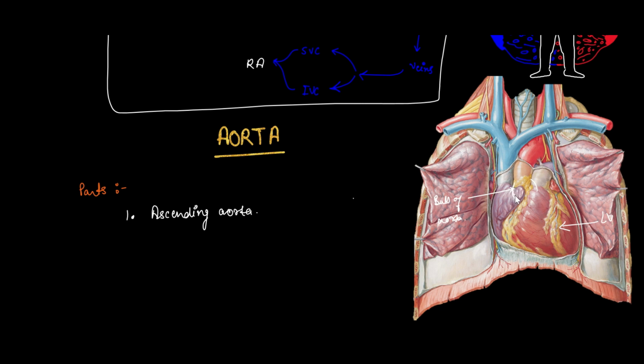From this bulb of aorta, two main arteries arise, which are named the coronary arteries. The ascending part of the aorta lies a little behind and to the right of the pulmonary trunk, and it rises up, and at the level of the right second rib cartilage it transforms into the arc of aorta.